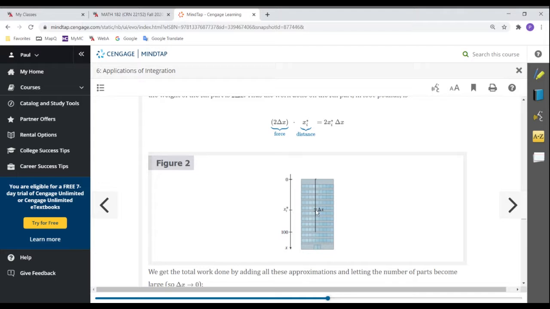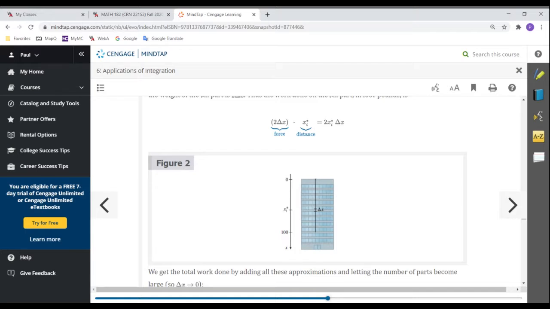Each piece is going to have a width delta x to it, and that piece of cable is a distance xi from the top of the building.